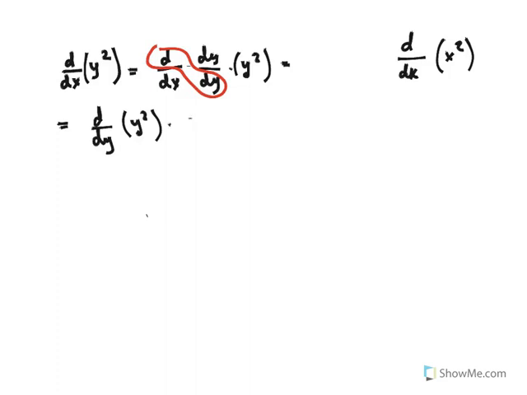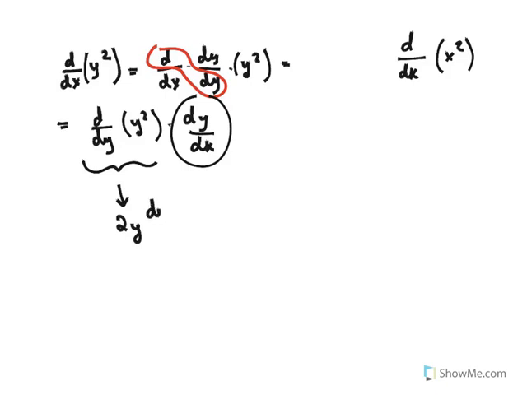But we also have dy/dx sitting right there. So now you can find the derivative of this since the symbols match up, and you can just take the derivative of y squared and you get 2y. But you can't ignore this part, so it's just times dy/dx. And now you're done. You just took the derivative of y squared.